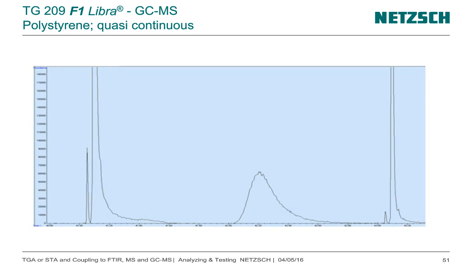And what you can see in this quasi-continuous mode is that you have at least one sharp peak in the beginning, one substance. The high peak has a shoulder, so this must be at least 2 and number 3. And the question is whether the broad signal is one or more different substances.